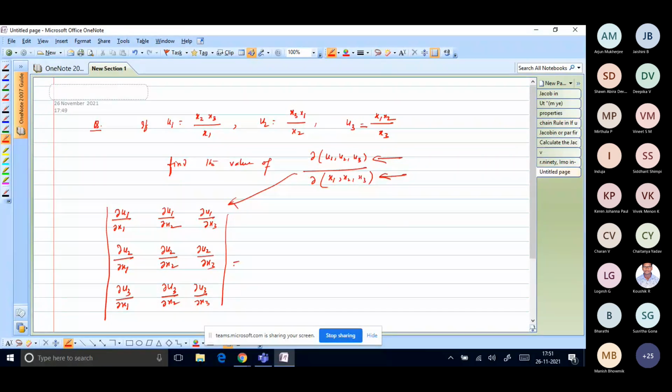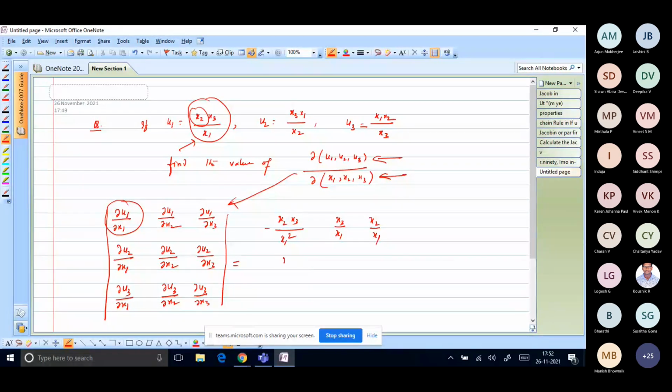With respect to x1, x2 and x3 can be taken outside as common constants. So 1 by x1, its differentiation is minus 1 by x1 square. So you get x2 x3 common, x1 minus 1 by x1 square. Similarly, if you differentiate it with respect to x2, then x3 by x1, and then x2 upon x1. Similarly, I will do it with x1.